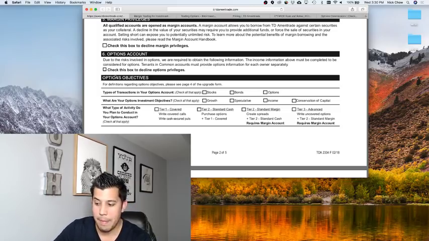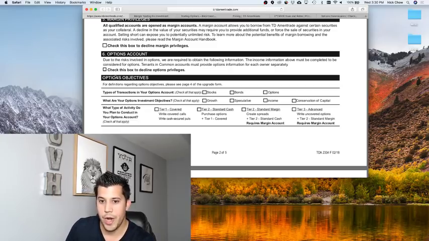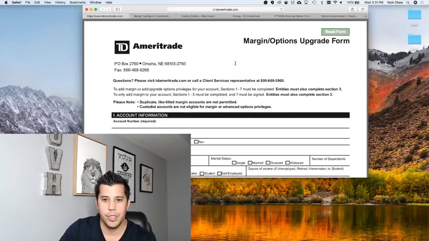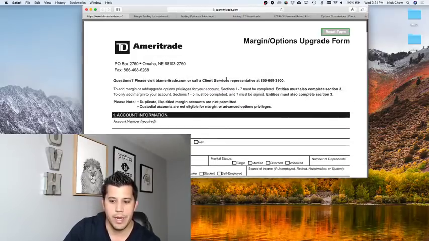A lot of people don't know there's different tiers of options trading, let alone different types of brokerage accounts. There are two types: cash and margin. With cash, you can have any amount in there. Here I have TD Ameritrade's options upgrade form, which you have to fill out, and it's kind of daunting, and a lot of people get pretty intimidated.